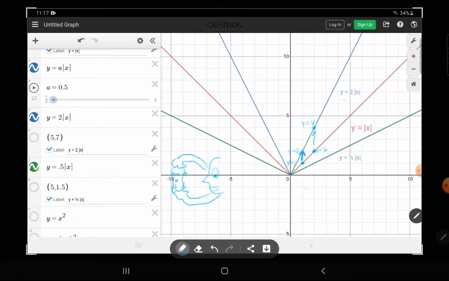You stretch it, you double it basically. If we do another one, let's say on our parent function we have a y value of 5. It gets stretched to a y value of 10. So in essence, you're doubling all of the y values. All the y values get stretched vertically, and if you notice, the x values actually stay the same.